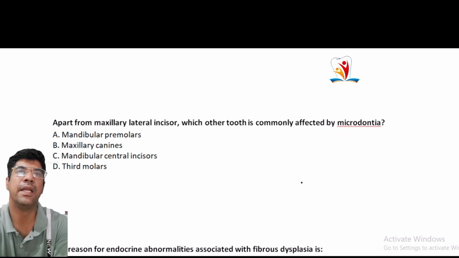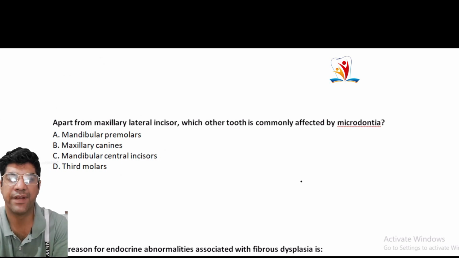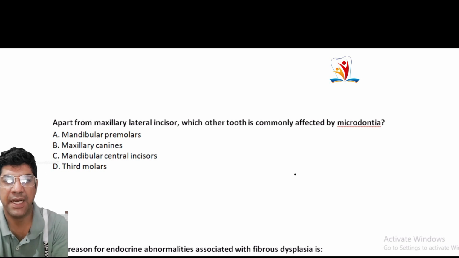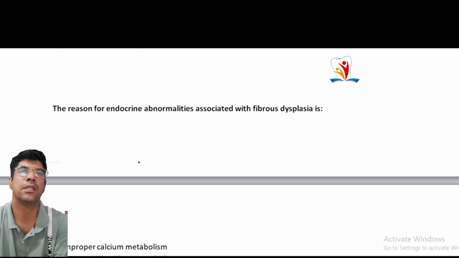Apart from the maxillary lateral incisors, which other tooth is commonly affected by microdontia? In isolated microdontia, the maxillary lateral incisors are most frequently affected, followed by the third molars.